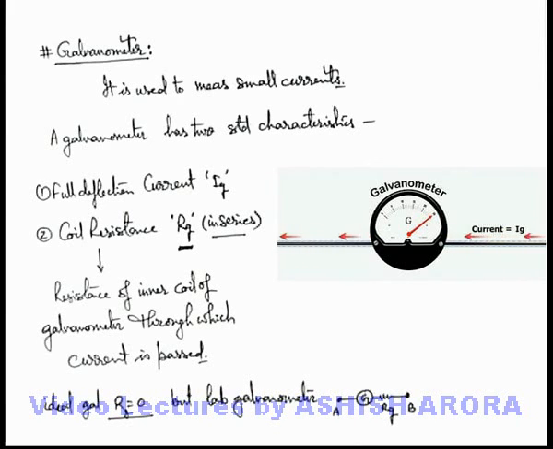One more thing which is important to be noted here about galvanometers is that galvanometers are available in two variants. One is unidirectional, other is bidirectional. Here in this picture, the galvanometer you can see is a bidirectional galvanometer, because initially the needle is kept at 0, which is at the middle of the scale.